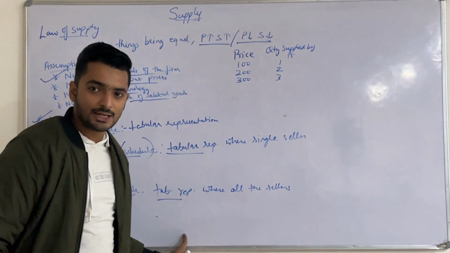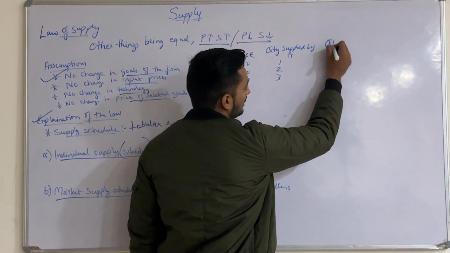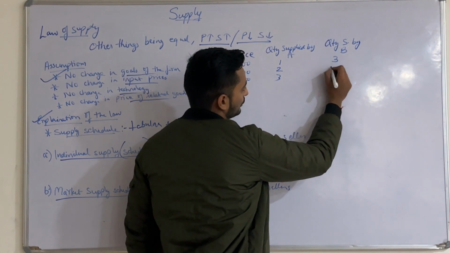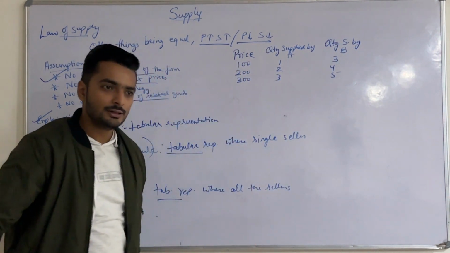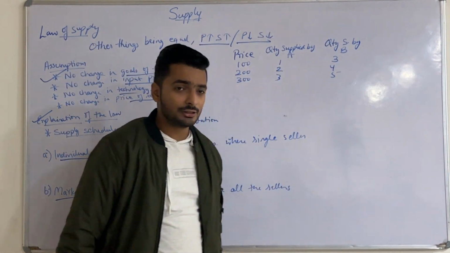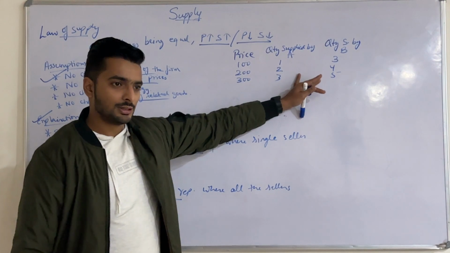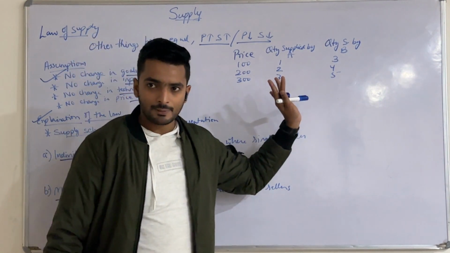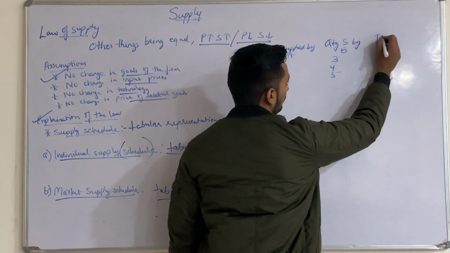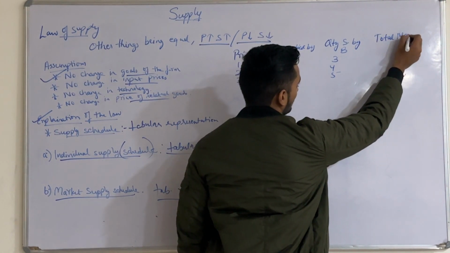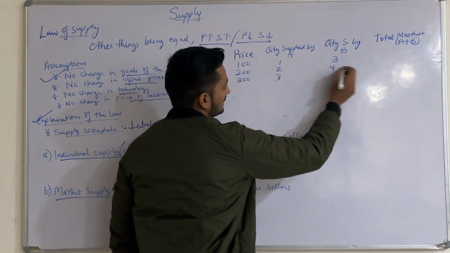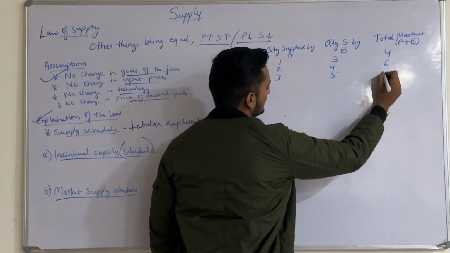But in the market supply schedule, there will be more than one seller. So quantity supplied by seller B, suppose you can write 3, 4, 5. You can take C also, D also, but you have to utilize your time, so you can take only two sellers, seller A and seller B. If seller A is selling more, B is also selling more, then we will calculate the total market, that is A plus B. That is 3 plus 1 is 4, 6, 8.